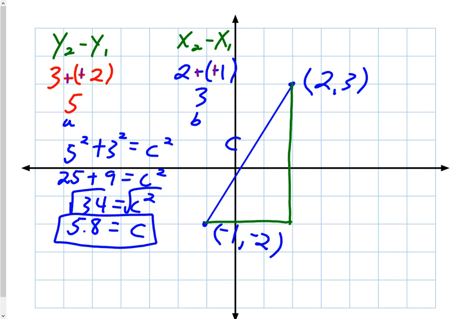Because if you did the counting method here, you'll see that this side, the right side, is 1, 2, 3, 4, 5 units, which is what we got here. This bottom side is 3 units, which is what we got here. So you get the same thing. One is just counting the blocks. The other one is actually calculating those blocks.